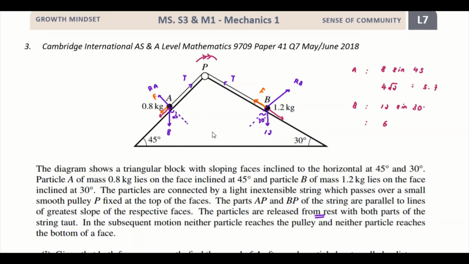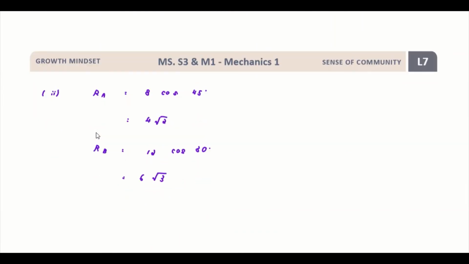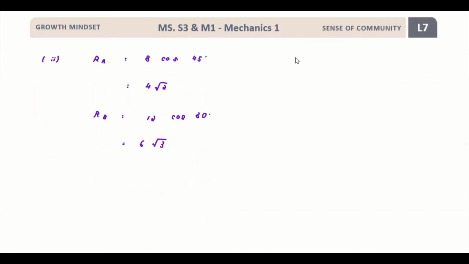Okay, so now let's try to write it out. What do we have here? In this direction, we only have the 12 sine 30. Then it will be equal to the friction for B, friction for A, and then the 8. Let me write it down here; you can refer to your own diagram.